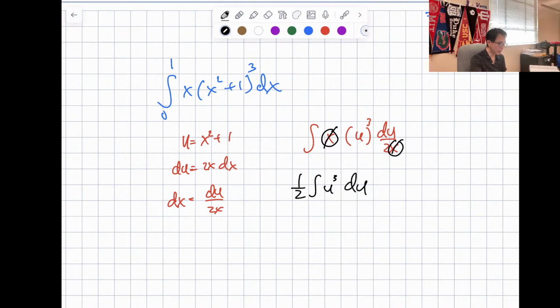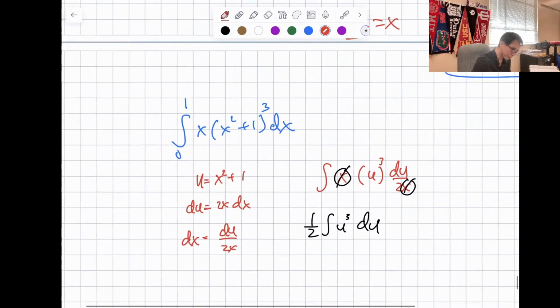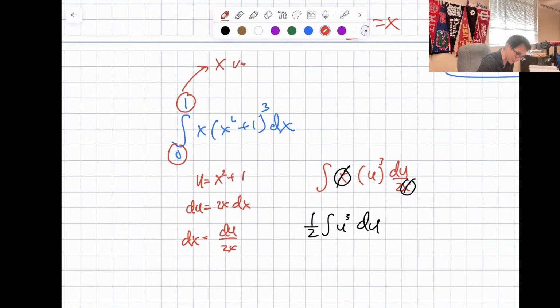Now, remember, don't forget this boundary, this is the x value. So what the cool thing is, we're gonna do everything in terms of u. We not only integrate in terms of u, we're gonna integrate the boundary in terms of u. That means this is the extra step that you did not do before. u equal to x squared plus 1.